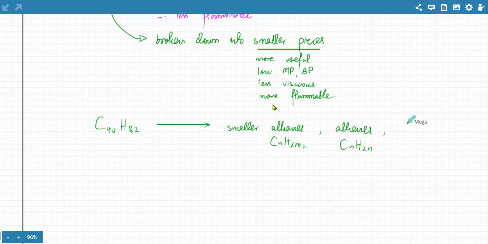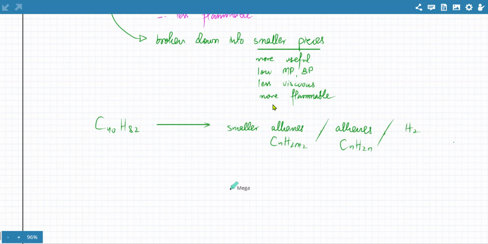And there could also be production of hydrogen gas, H2. Now, this doesn't mean that all three would be produced. There's a possibility that all three could be produced, but it's usually a mixture, and it's not necessary that all three have to be produced. Smaller alkanes, smaller alkenes, and hydrogen gas are produced when you crack this molecule.